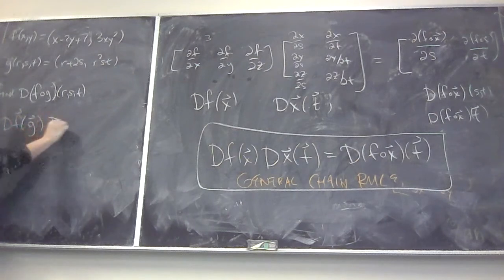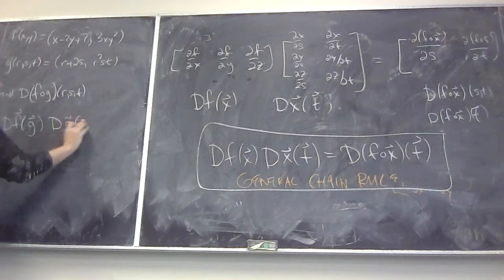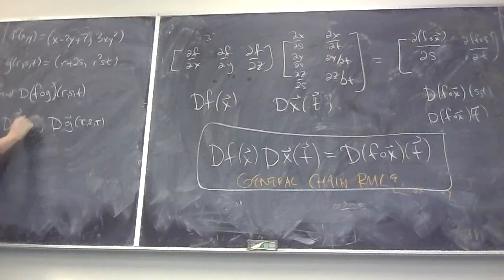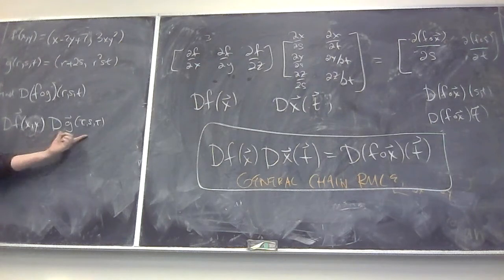And then I'm going to multiply that by the derivative of g with respect to r, s, and t. If you like, you don't need to put the g here. You can just do this. It's less confusing to leave it that way. The derivative of f in its original variables times the derivative of g, which are the variables that are going to be fed into f. So, more derivative practice. What is this? What goes in the corner here?